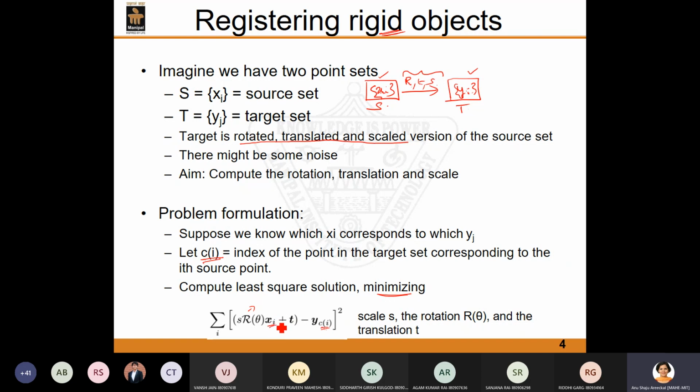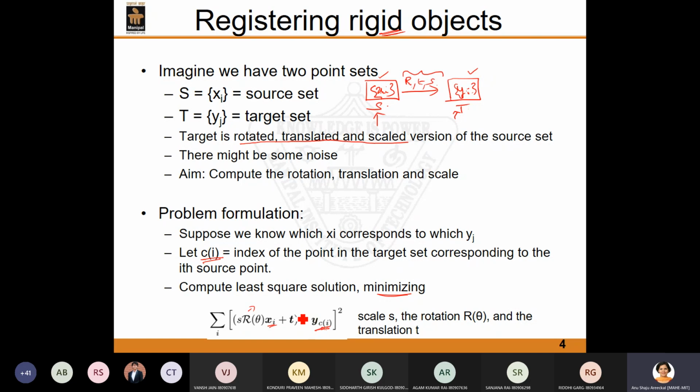So if I apply the transformation on the source image, which is this term over here, and then find how different that is from the corresponding points in the target image, what I get is basically an error factor.